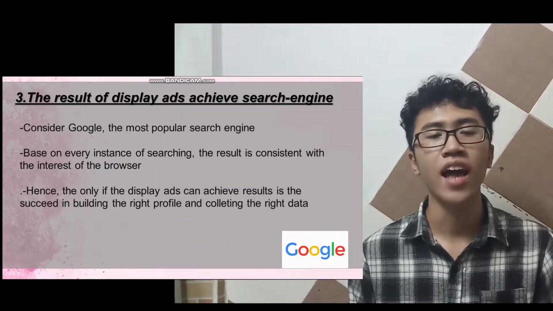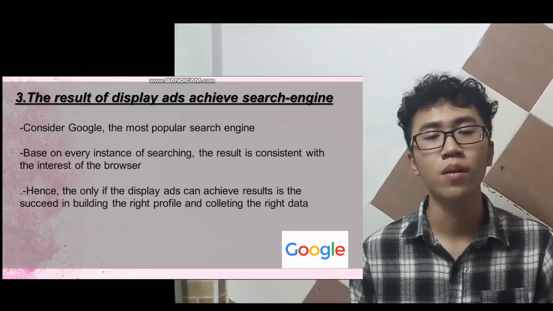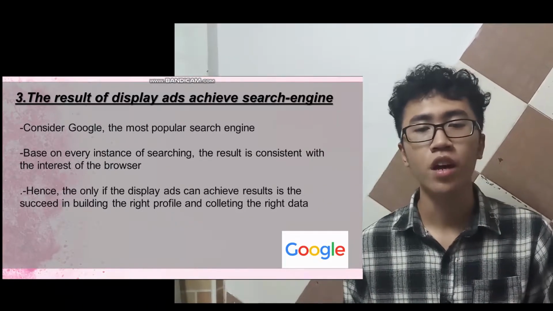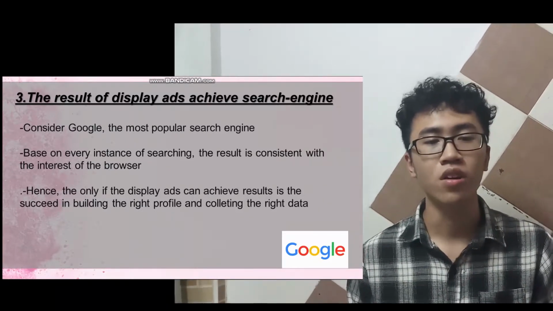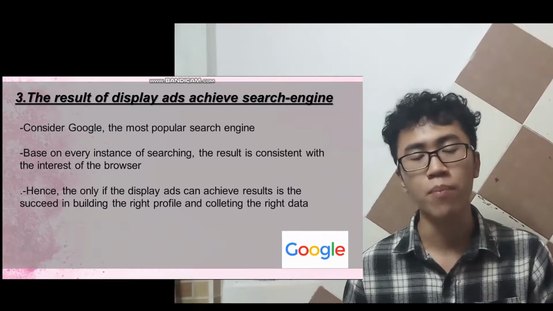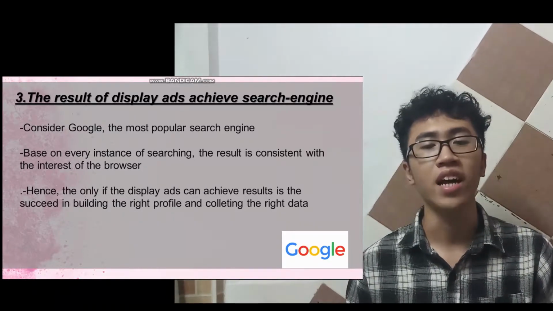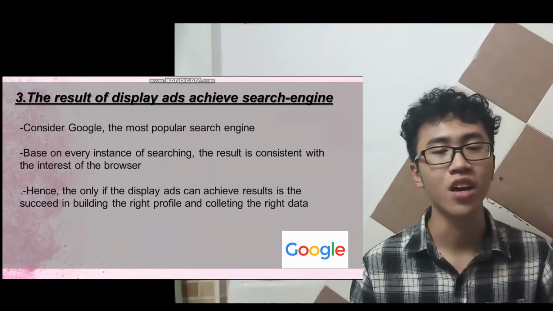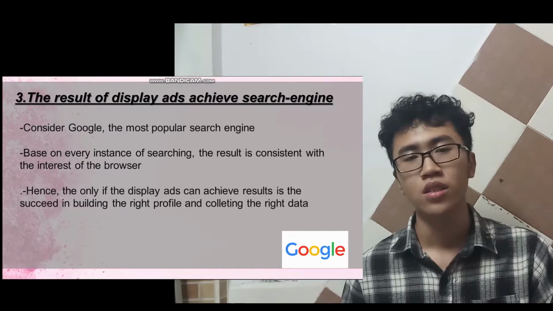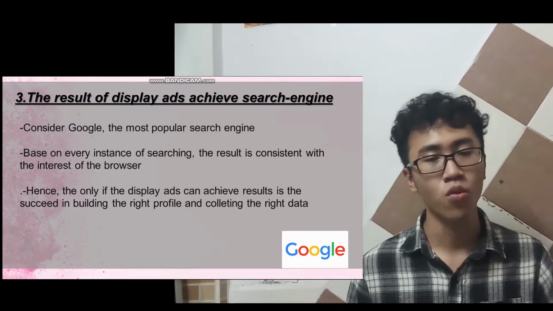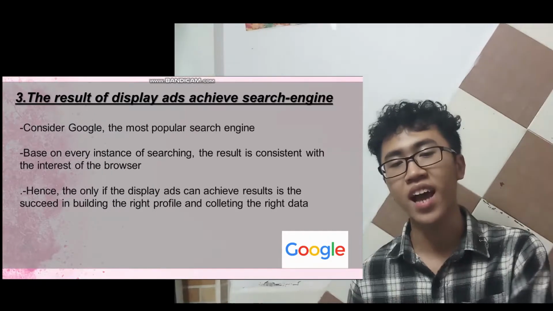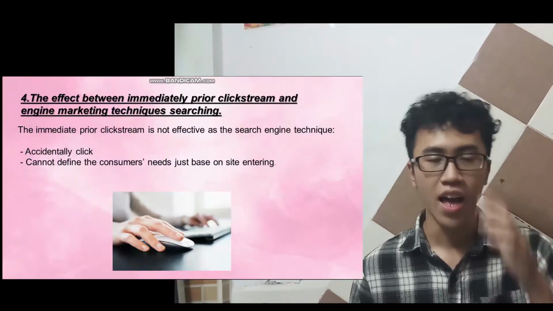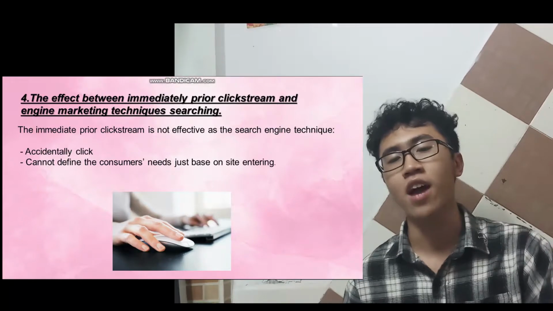This can be considered behavioral profile building. Hence, display ads only achieve results if they succeed in building the right profile and collecting the right data from the sites that we usually visit or the services that we search. So in conclusion, in that way they will show consistent ads to the potential customer and persuade them to buy that kind of product.